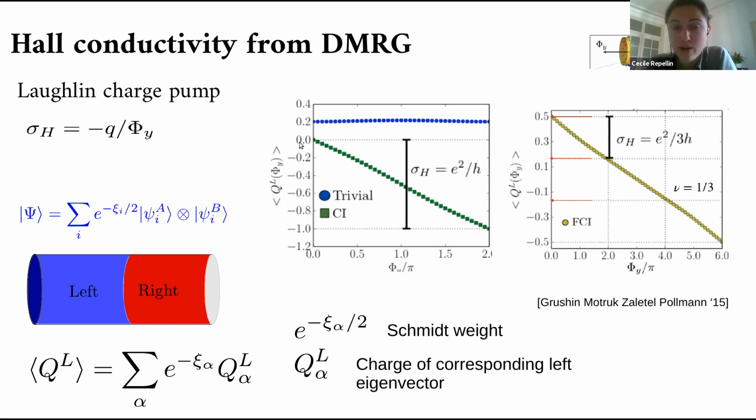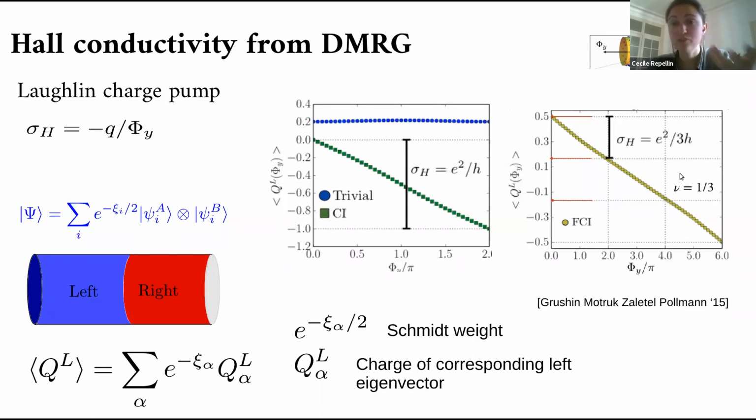You see the charge on the left as a function of inserted flux, and in the trivial insulator, the charge on the left doesn't change as a function of flux. In the Chern insulator, which is just a fully filled band, the charge on the left goes from -1 to 0 when you insert a flux 2π.